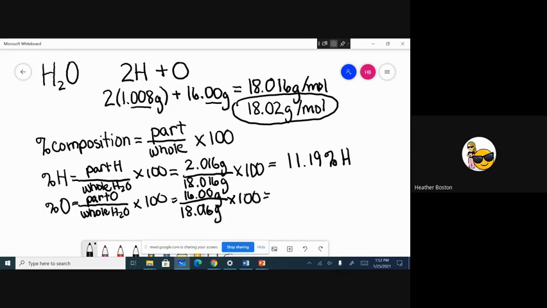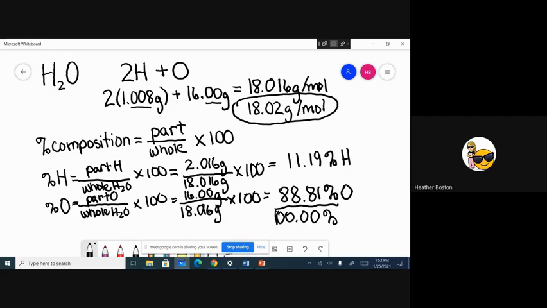And I'm going to get 88.81% oxygen. Now I can check if I've made a mistake by adding up the percentages. If I've not made a mistake, what should those percentages add up to? 100. And in this case, it adds up to exactly 100%. So we're good to go.